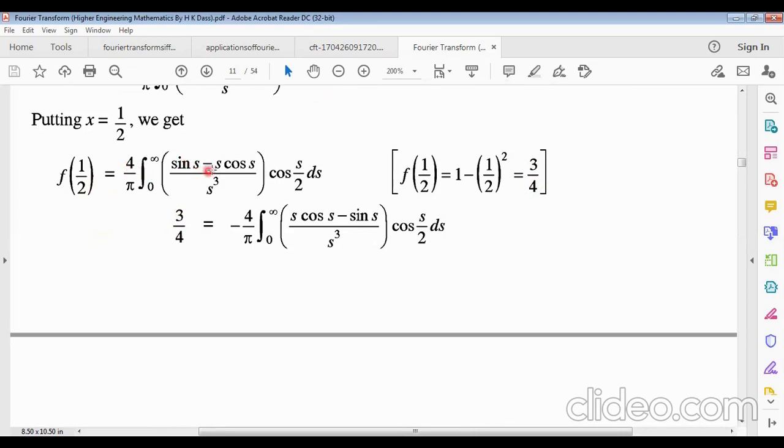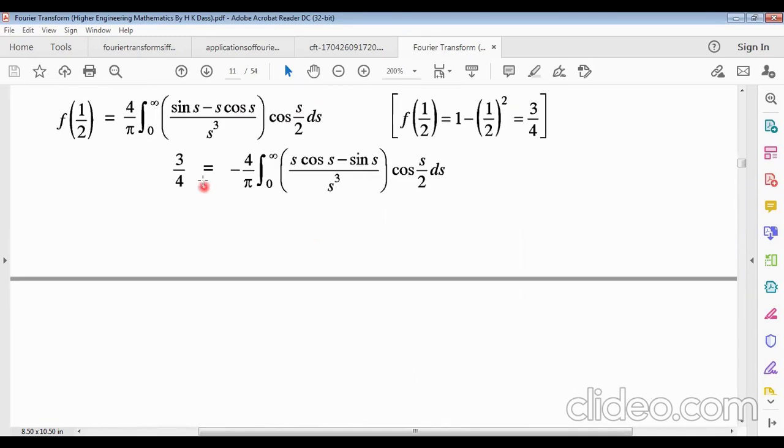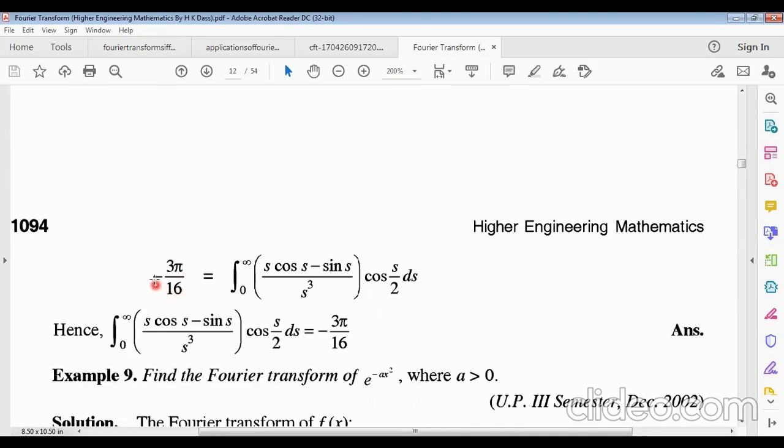This equals to, just taking s cos s in first term, so there will be a minus after taking common. So we can write this integration like this. So multiplying by pi by 4 on both sides, just to remove this 4 by pi and minus also, so we get minus 3 pi by 16 equals to this integration.